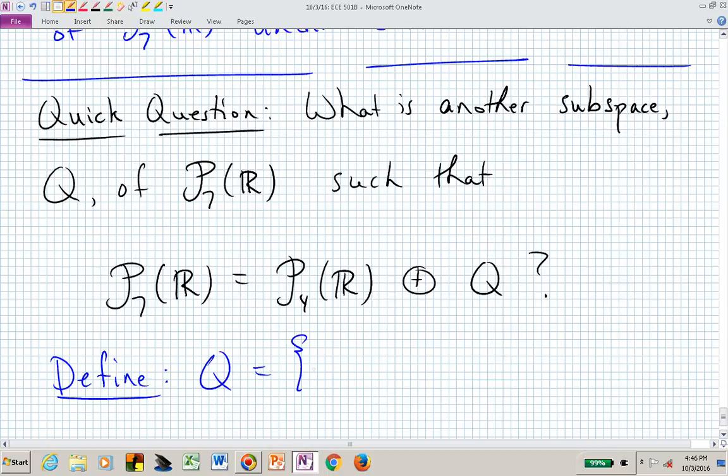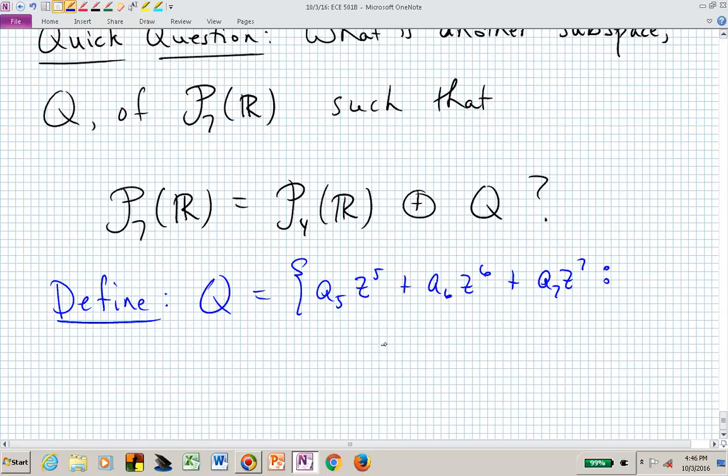Q to be A5, let's say Z5, plus A6, Z6, plus A7, Z7, such that these coefficients, A5, A6, and A7, belong to the set of real numbers.